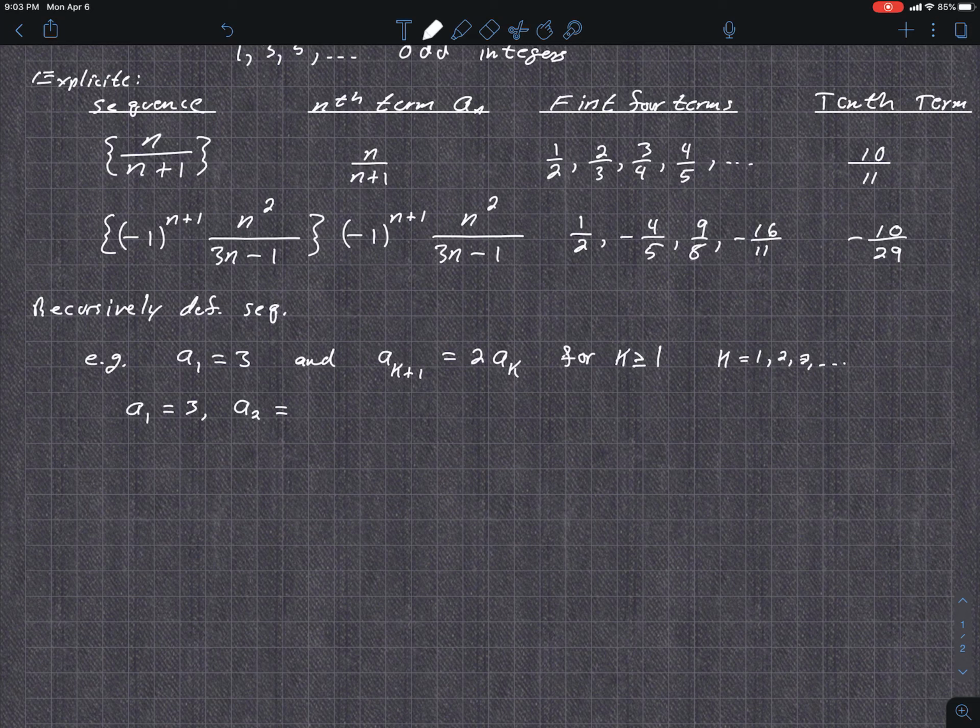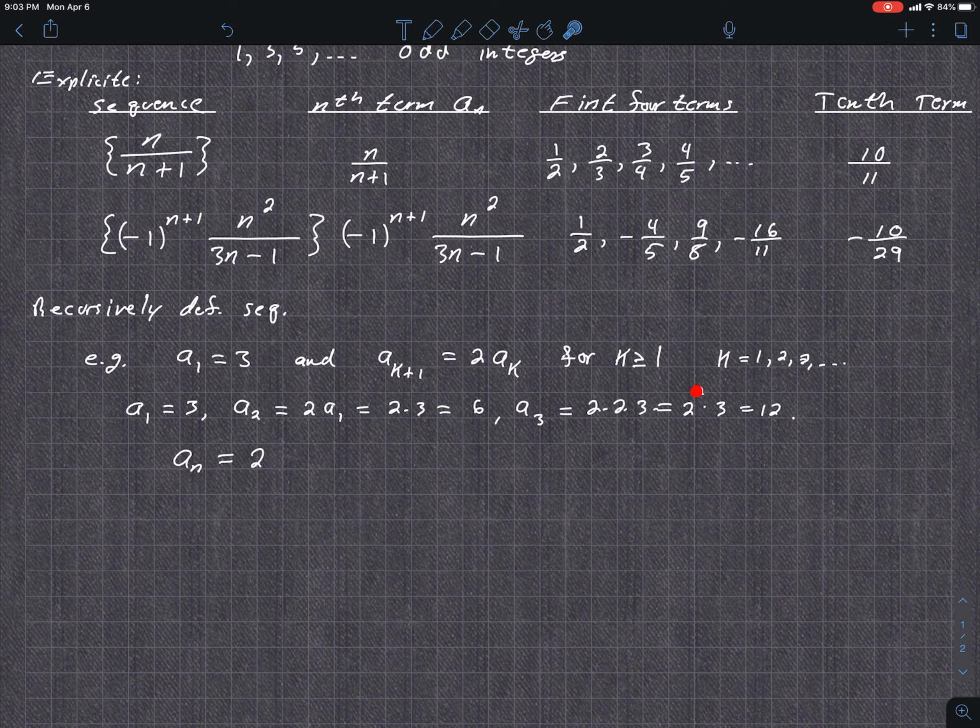So if you listed them out, A1 is 3, given. A2 is just going to be 2A1, which is 2 times 3, which is 6. And then A3 is going to be 2 times 2 times 3, which is 2 squared times 3, which is equal to 12. And you could keep going, but spend a little time to look at this.